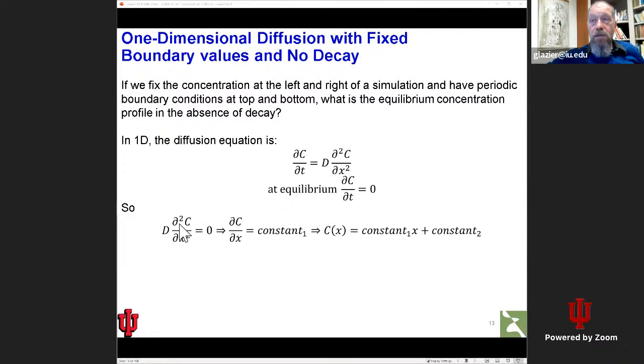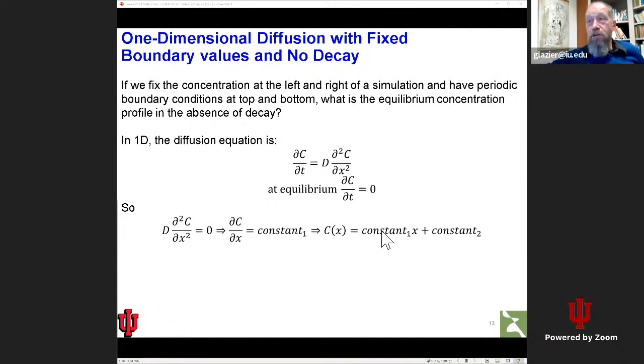That means, in particular, that the D goes away, it doesn't matter, and that the derivative of c with respect to x is a constant. That's the first integral of 0. And that means c of x is a constant times x plus a constant. So that means our concentration is a straight line.